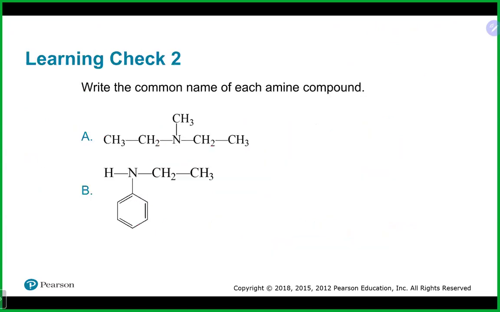All right, so why don't you give these guys a name? Why don't you also draw, let's see here, ethylpropylamine.